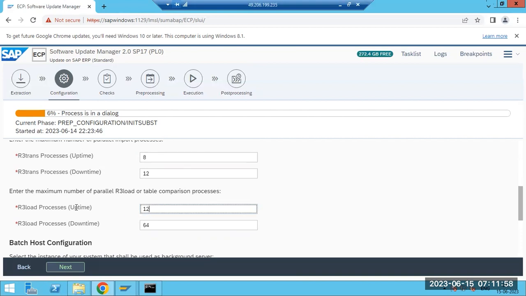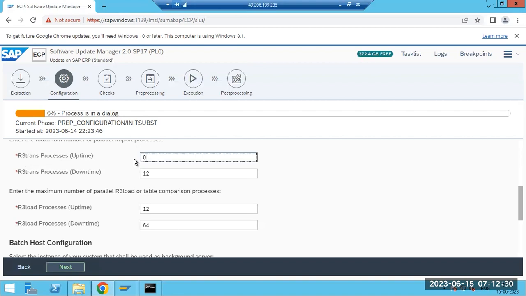It's calculated as 3 to 5 times your CPU cores, or 2 times your CPU cores. Like that we can calculate with the CPU cores. Each process in R3 trans will take 512 MB.